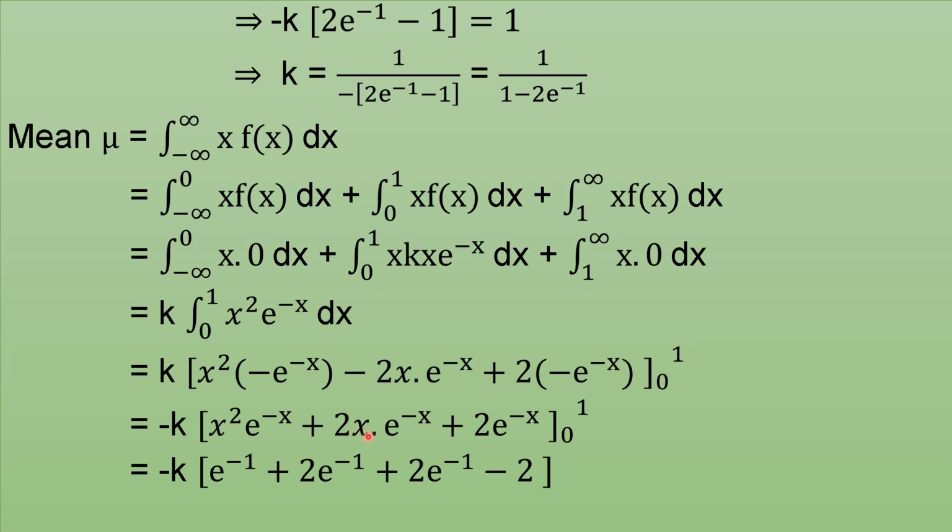So first term will be 0, second term will be 0, then 2 into e power 0 is 1, so 2 into 1 is 2. So this is the value of the bracket at the upper limit, minus 2 will be the value of this bracket at the lower limit. So minus k into, this will be 5 times e power minus 1 minus 2.